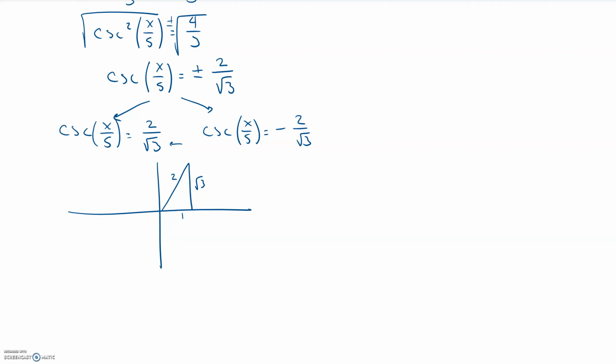That makes a 1, 2, square root of 3 triangle. And then I have a hypotenuse of 2 with an opposite of negative rad 3. Those make little 60-degree reference angles.